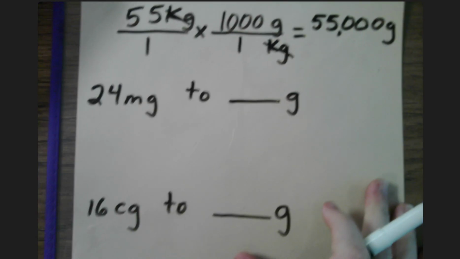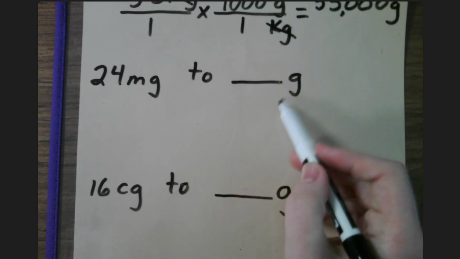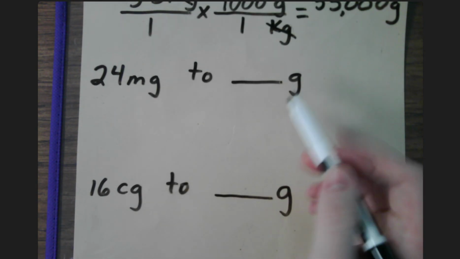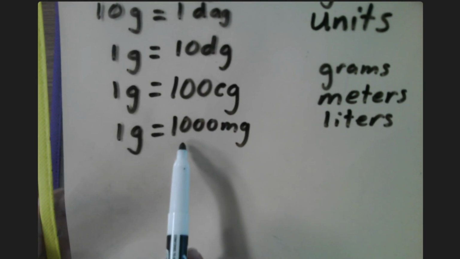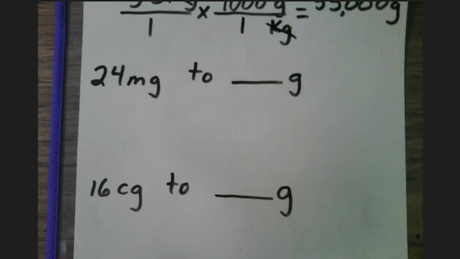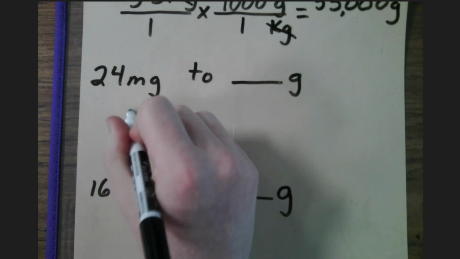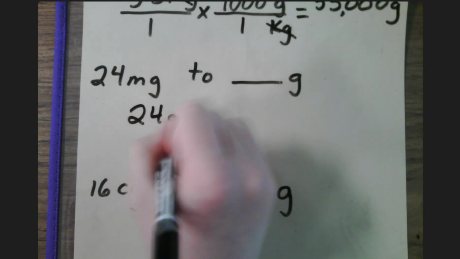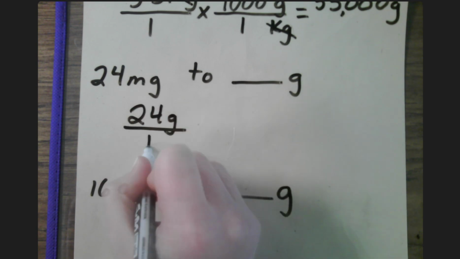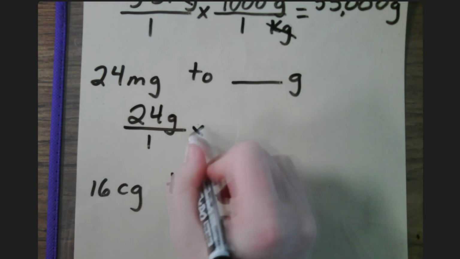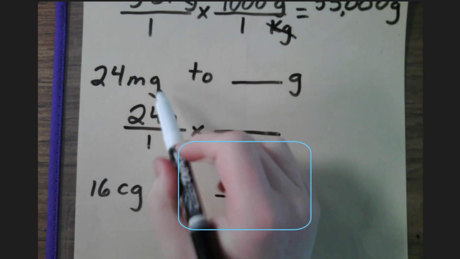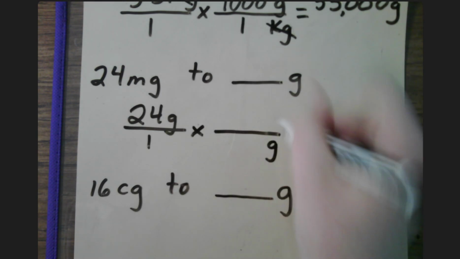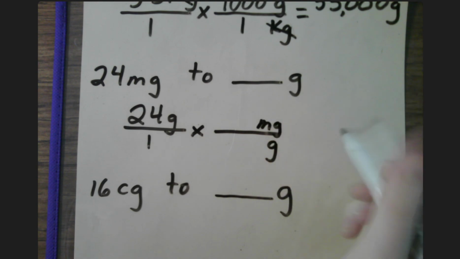24 milligrams to blank grams. Let's look back at our sheet here. Milligrams is all the way down here. 1 gram is equal to 1,000 milligrams. Let's start with writing what we know. We know we have 24 grams, and we can make that a fraction easily by putting a 1 below it. We want to get milligrams, so we want to cancel out grams and put milligrams up here.